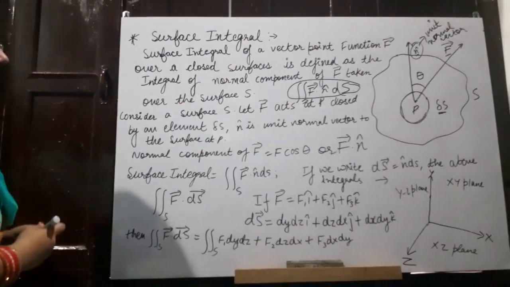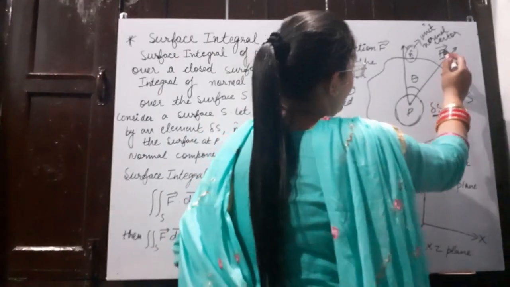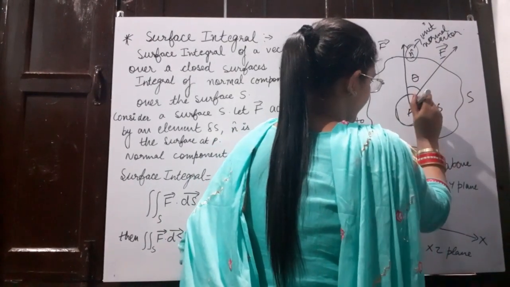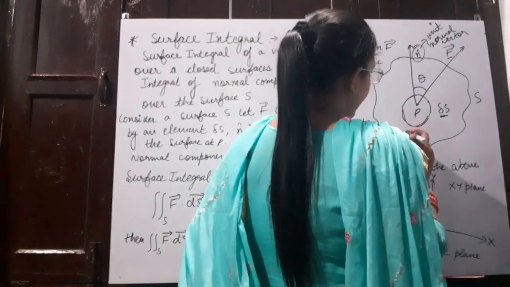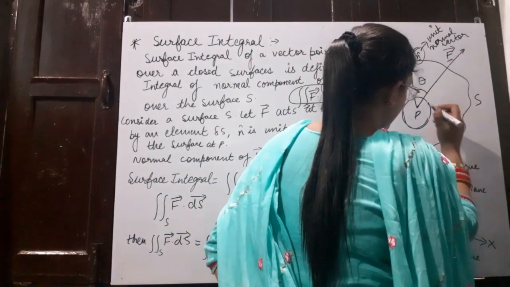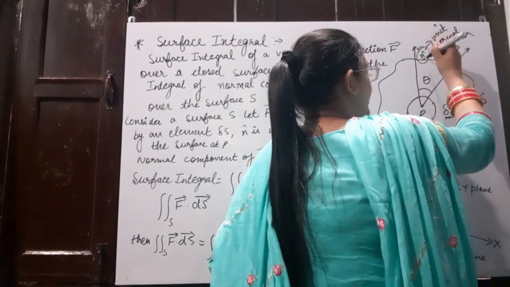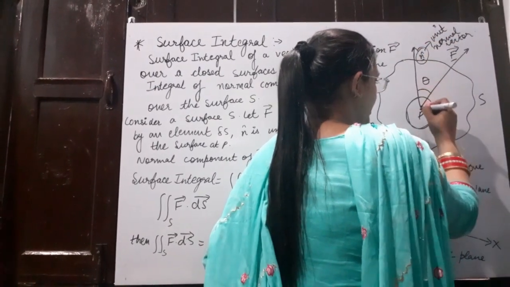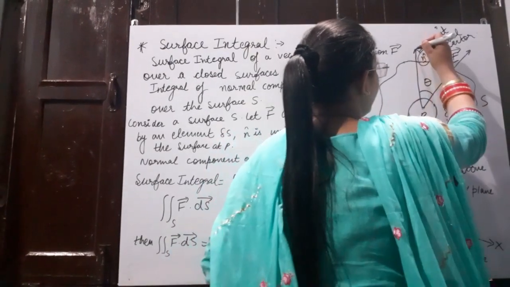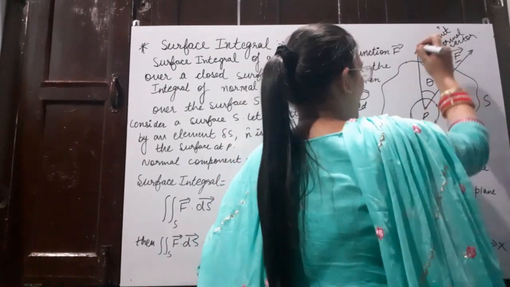First of all, let us consider a surface S. This is the surface S, and we have a vector point function f acting upon this surface at point P. Let us consider a small element delta S over the point P, and here we have the unit normal vector acting outwards.